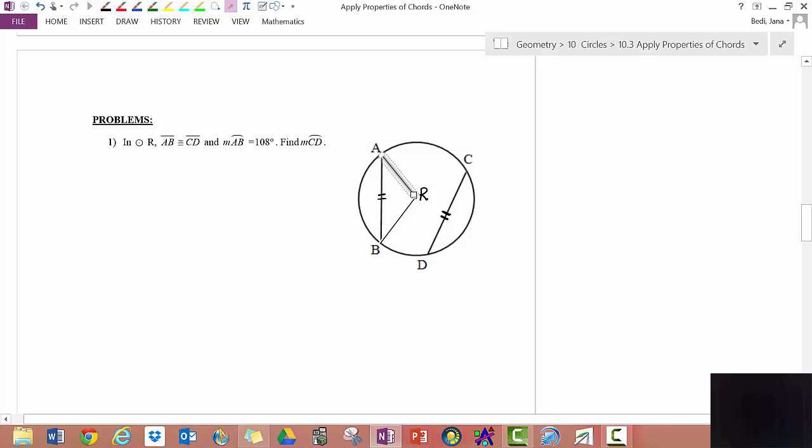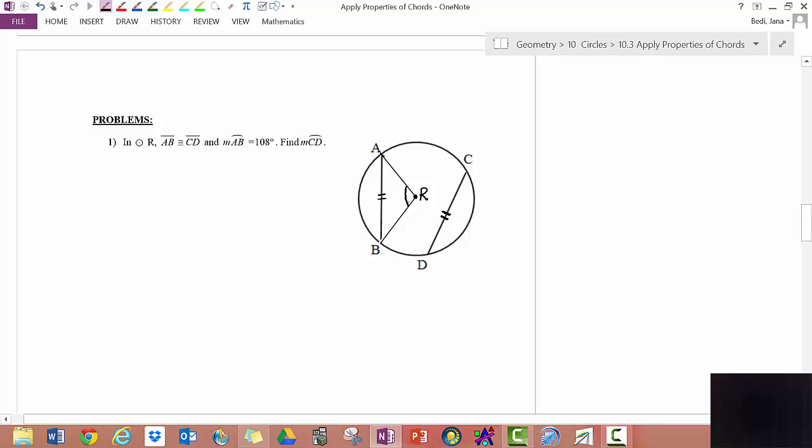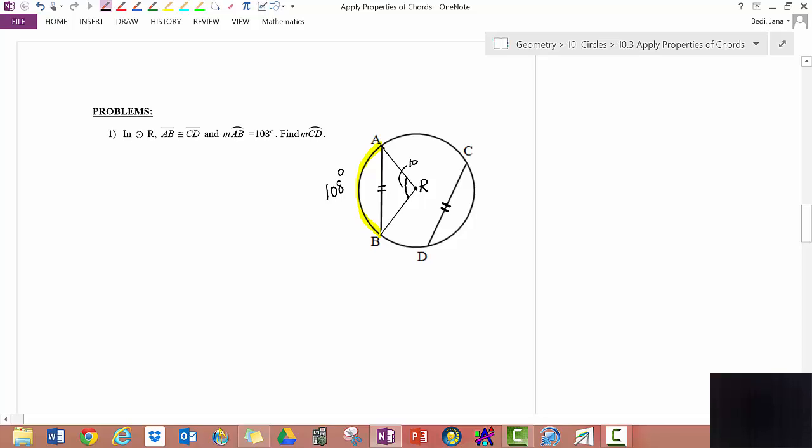Okay, so from the endpoints A and B, we drew segments to the center of the circle, which is R. So your central angle is this one, and the measure of arc AB is 108 degrees, which means the measure of this central angle is 108 degrees.